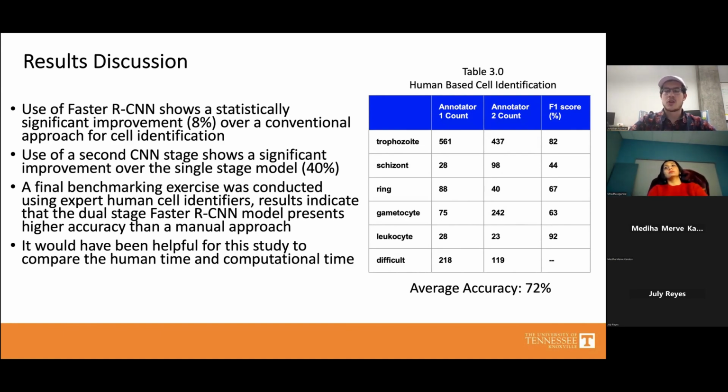But the problem is that doing a human-based analysis is extremely time intensive, and it's not really the best way of doing things, hence why these software tools exist. So you can see here that using the two-stage faster RCNN and AlexNet implementation, you significantly improve on the average, even from a human vision-based perspective. It's fantastic.